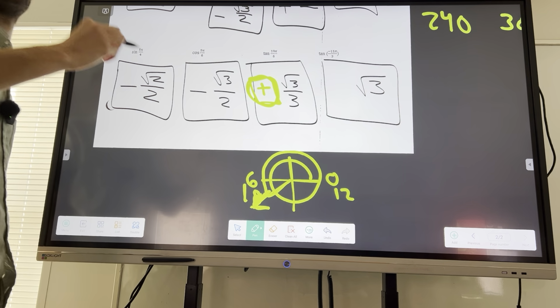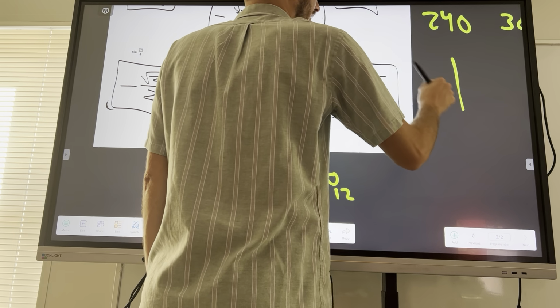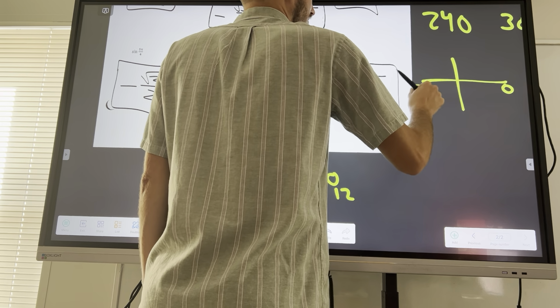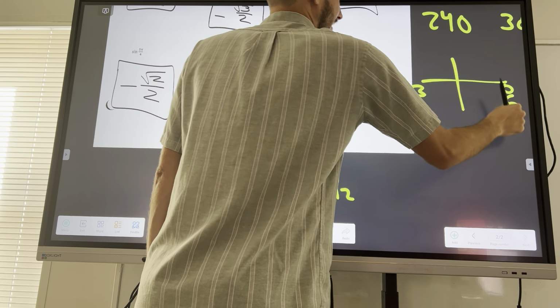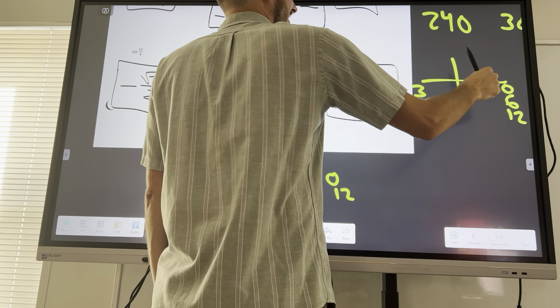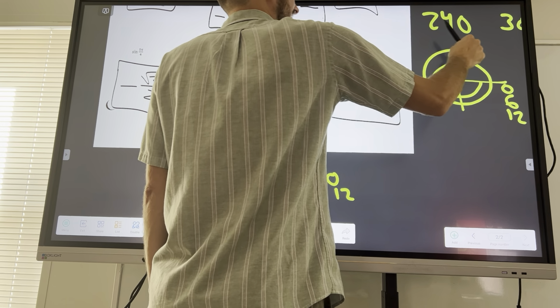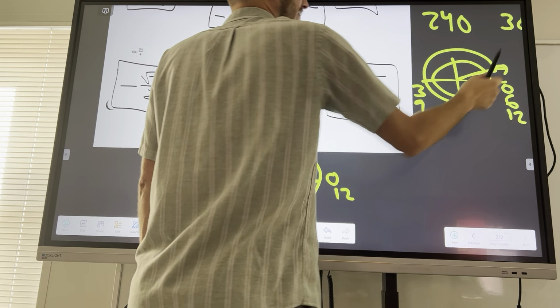We just have to figure out, well, what quadrant is that in? Because I don't know if it's supposed to be positive or negative. So you can do it this spatial way if you want. 0, 3, 6, 9, 12, and it's 11. So that would be negative 3, 6, 9, 11 is right here. It would be first quadrant.